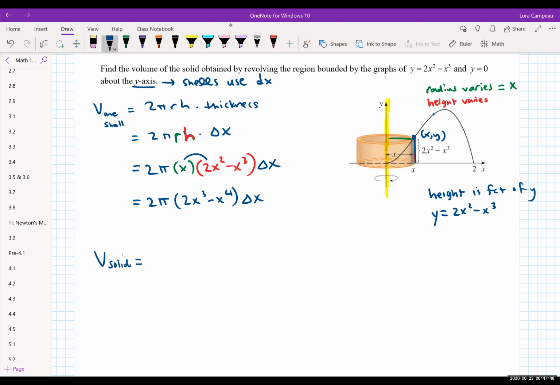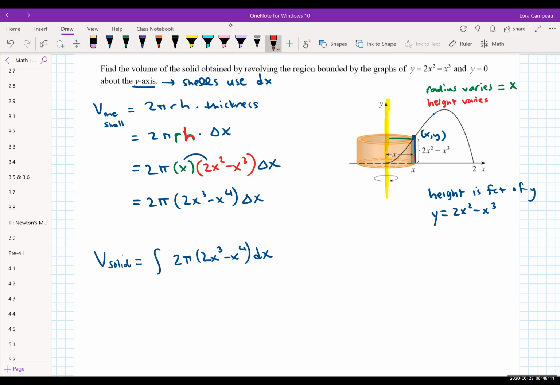Remember, with the volume of the solid, you can set up your integral. It's always taking the volume of one shell and using dx instead of delta x. And because you're using dx, your limits of integration have to deal with the x part.